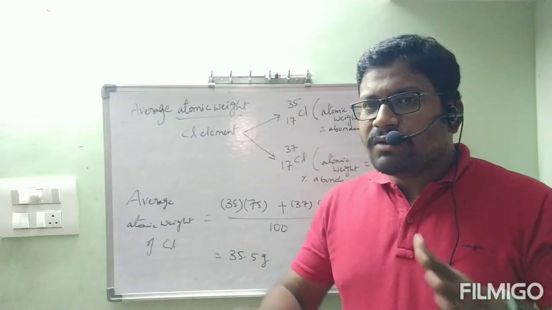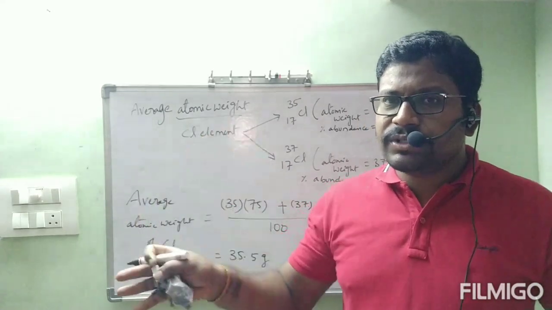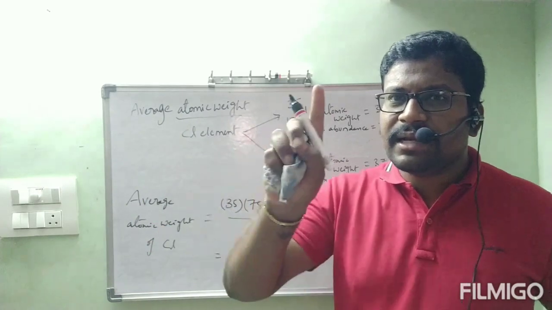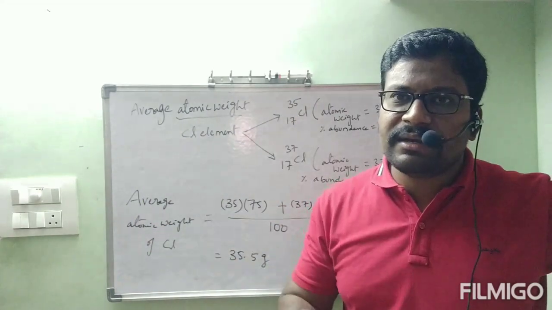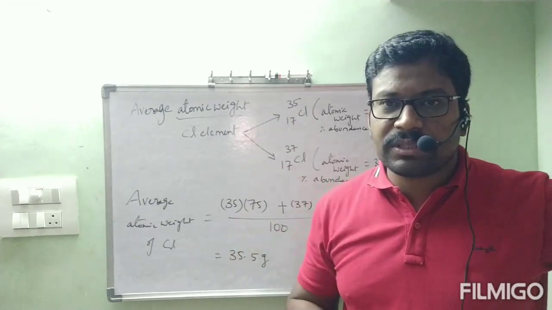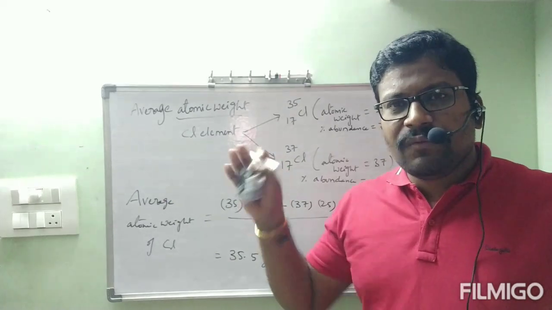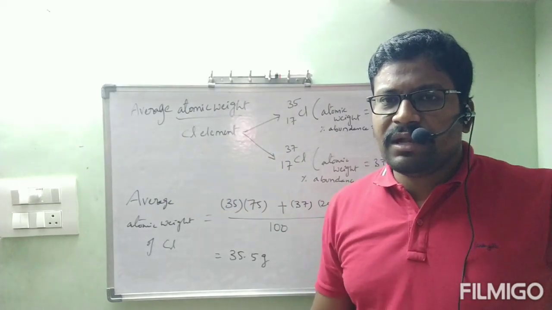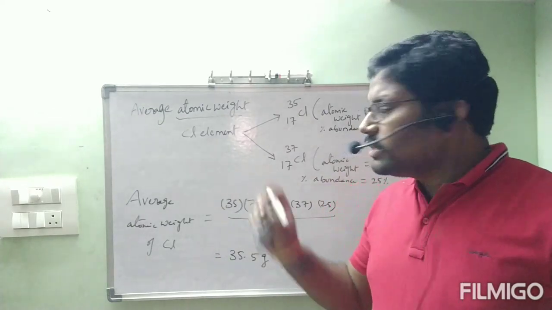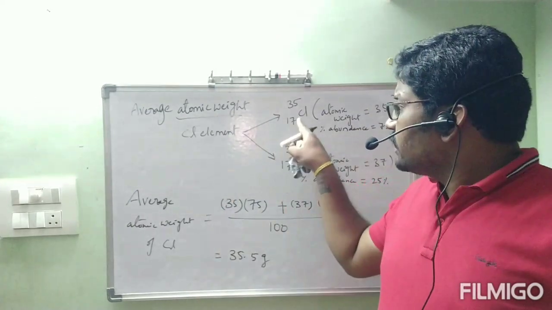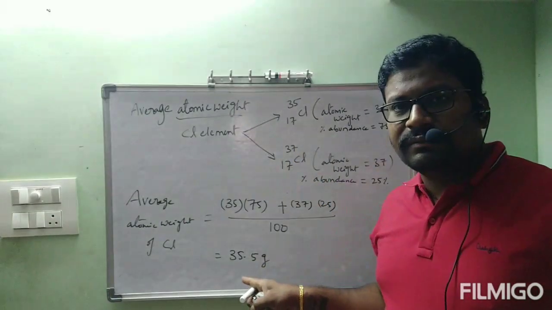Like that, for the remaining elements, a major contribution above 90% is contained by the first isotope itself. That's why even if you do this average atomic weight calculation, we will get the same data as we got, like that only. That is the reason. But chlorine is not like that. If you had 99% here and 1% here, you would get 35 only.